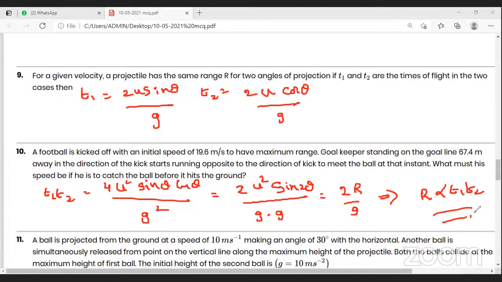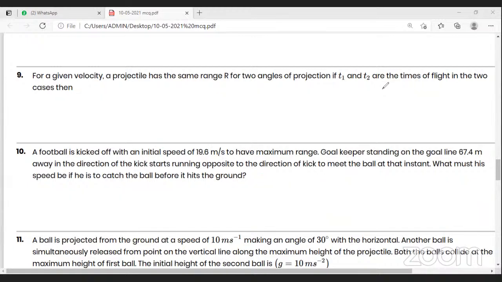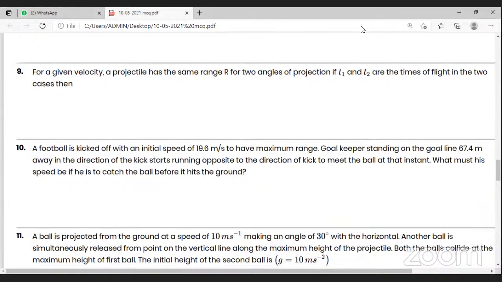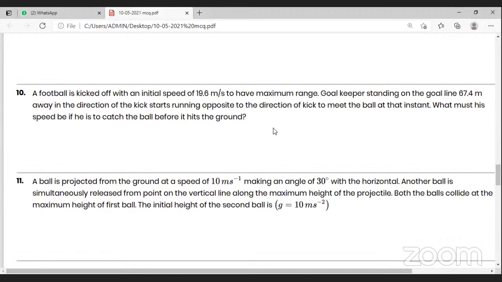Now, question number 10. A football is kicked off with an initial speed of 19.6 meter per second to have maximum range.